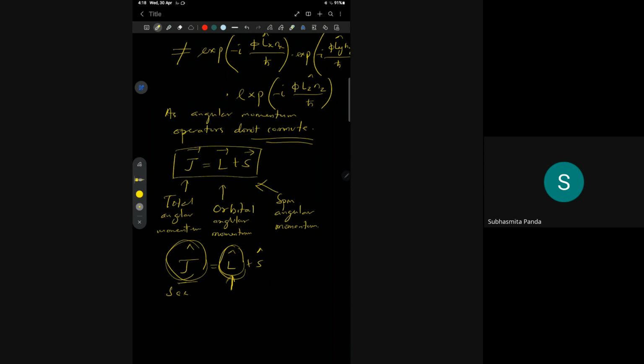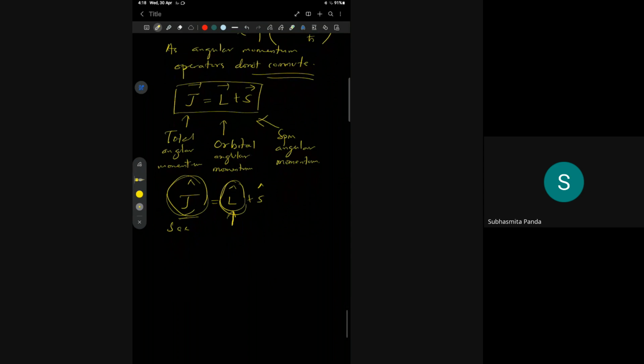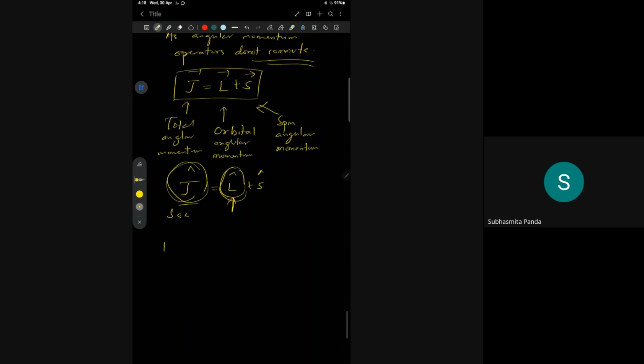So, if we write these rotation operators in terms of J, how exactly will we write them? Your Rx of phi x will be equal to identity minus i phi x, instead of Lx, we write Jx, by h cross.